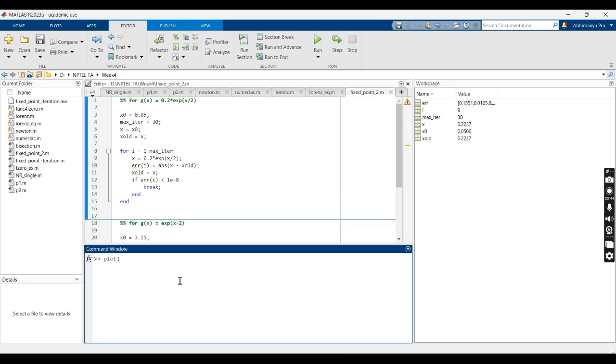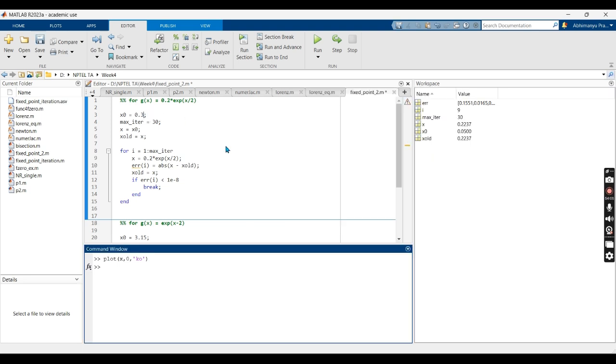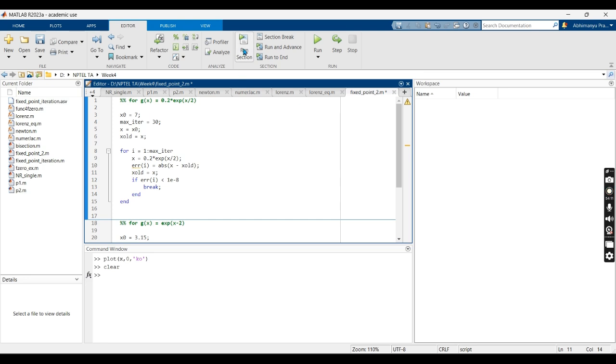So plot x comma 0 using, yeah. So we got the first root, and the second root is around 7.2 something. So let us initialize this with 7. Try to see what we are getting.